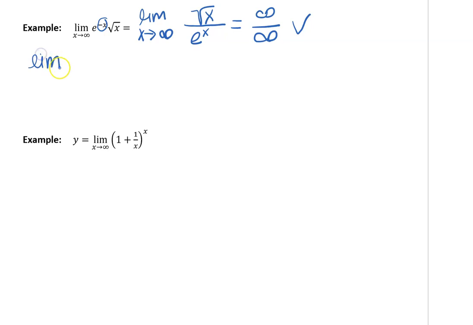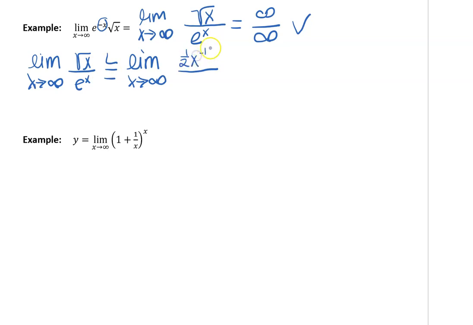So I'm going to say the limit as x approaches infinity of the square root of x over e to the x equal to, under L'Hopital's, the limit as x approaches infinity of the derivative of the square root of x, which would be 1/2 x to the negative 1/2. The derivative of e to the x is just e to the x.